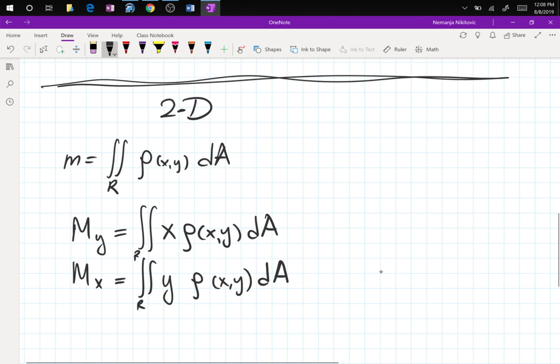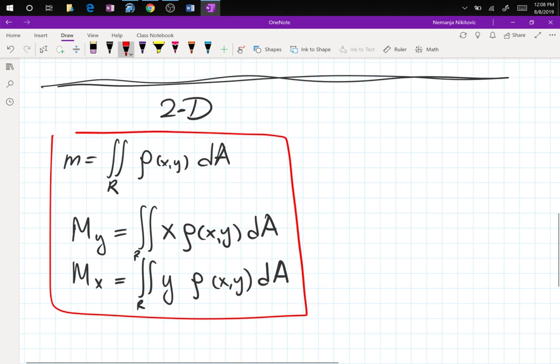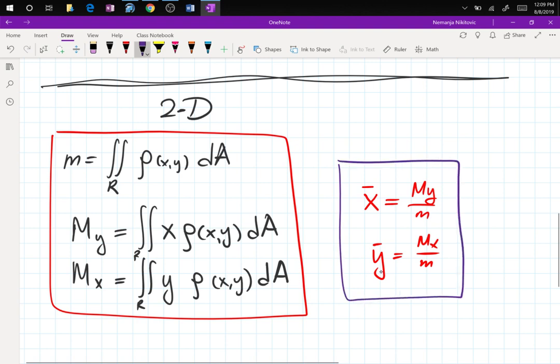And these formulas will give rise to x bar equals My over m and y bar equals Mx over m. These are the formulas that you use to calculate the center of mass.